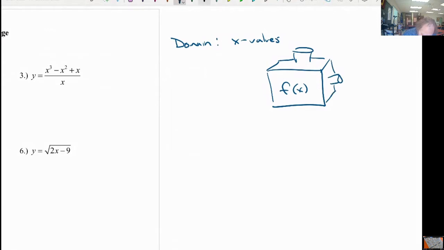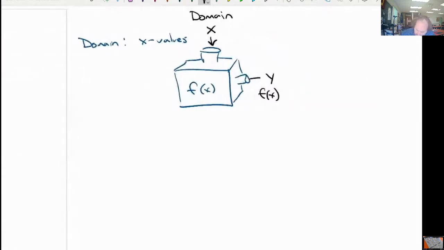So you plug x's into the machine, and x is the domain. And you get values out of this, which we usually call y, or also just f of x. These are terms that we use for this. And the things that come out of the machine are the range. The range is the possible y values that we can get out of a function.